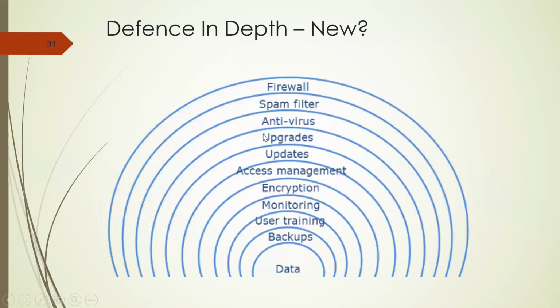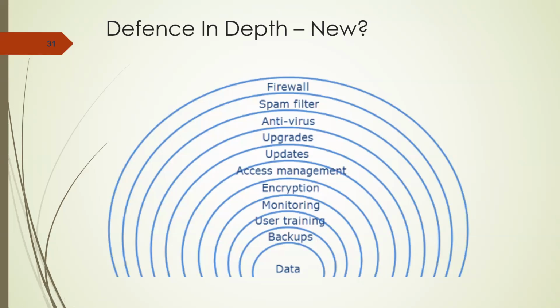What is new, what is trending in the ways in which we preserve our mission critical systems? That's the data down here. Backups, we've seen. User training is important. Monitoring, encryption, access management to see who can access what, and when and where.